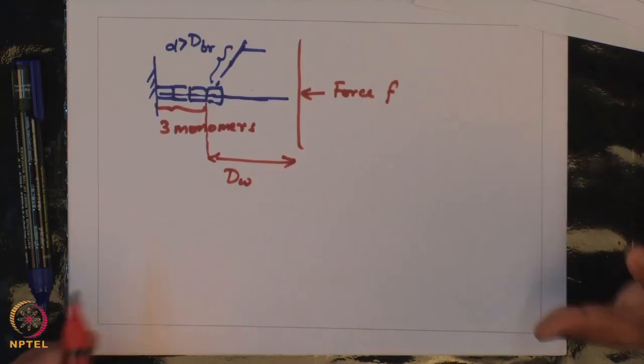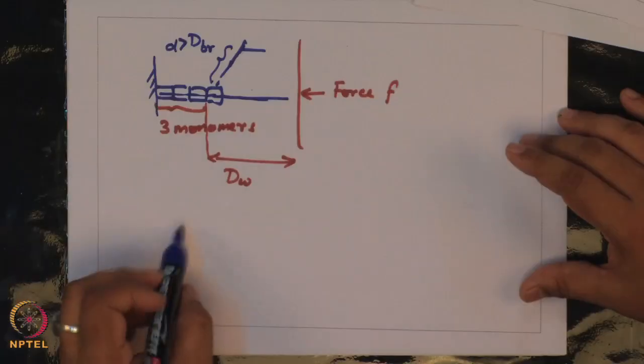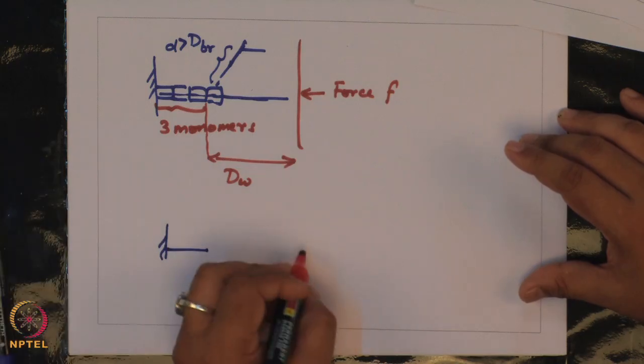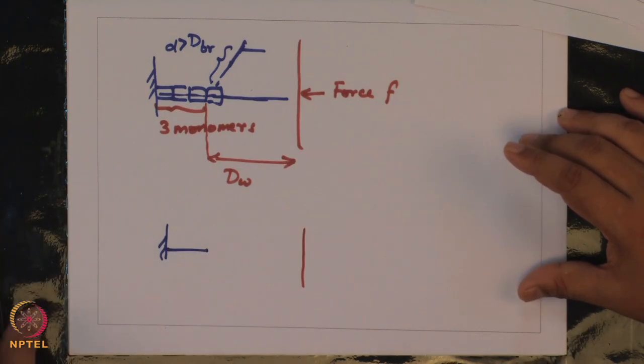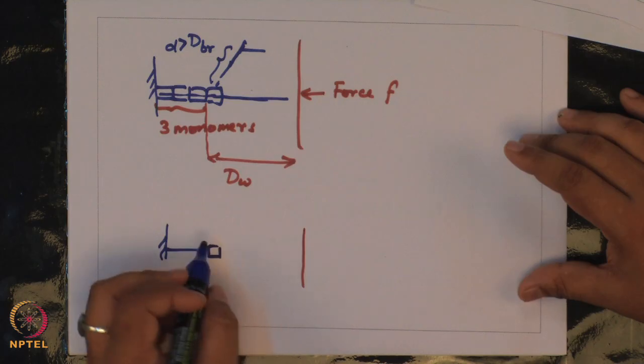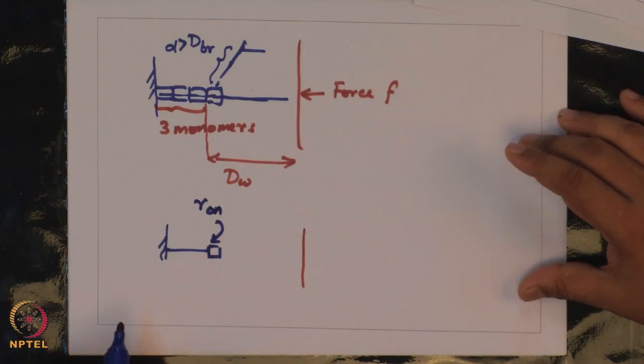Now, let us imagine some scenarios of what might happen when the filament polymerizes. At the very start, when the filament is placed far from the wall, a monomer can get added at a certain rate r on.